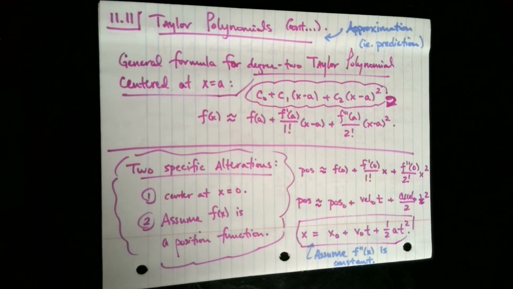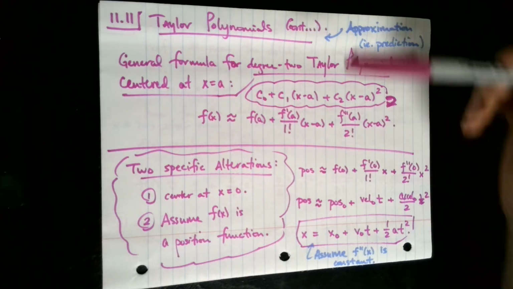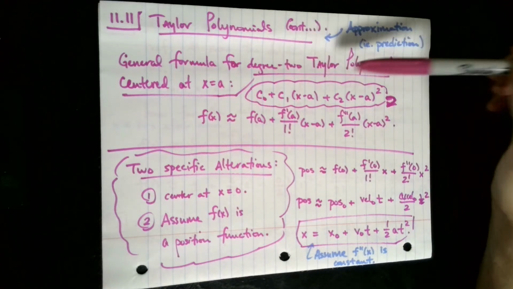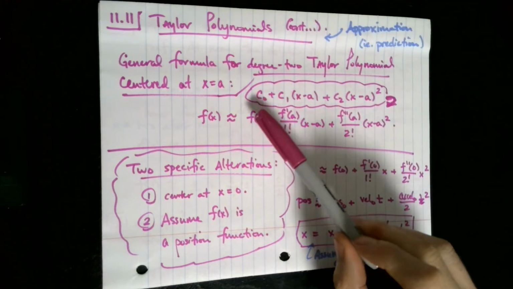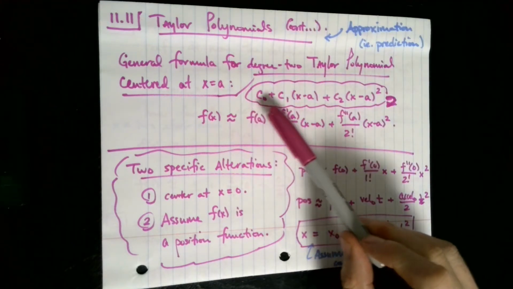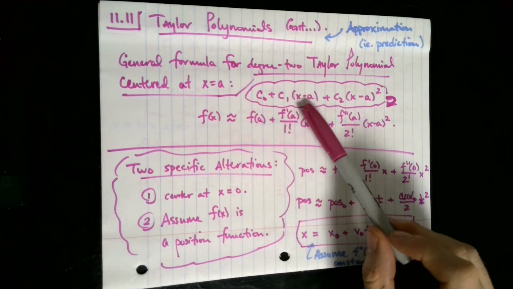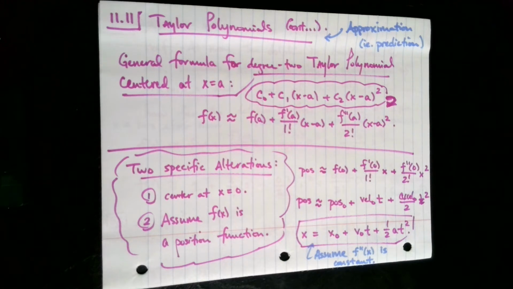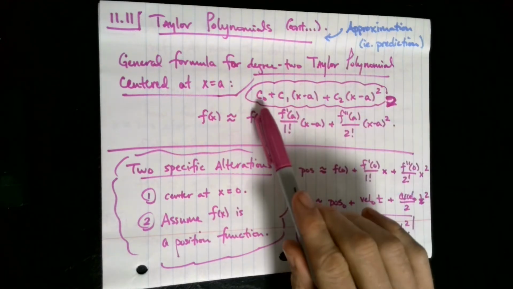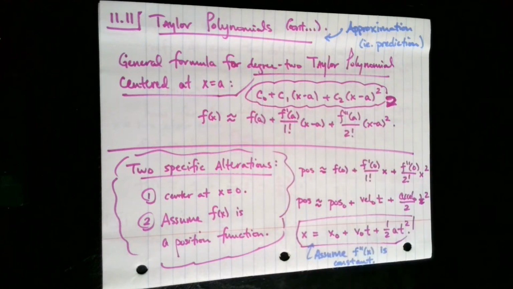And to provide some justification that this may be the case, consider this. Here's a general formula for a degree 2 Taylor polynomial centered at x equals a, right? You've got a constant coefficient, then your degree 1 coefficient times a degree 1 polynomial, and a degree 2 coefficient times a degree 2 polynomial. But of course, since it's a Taylor polynomial, we know the form of these constants.